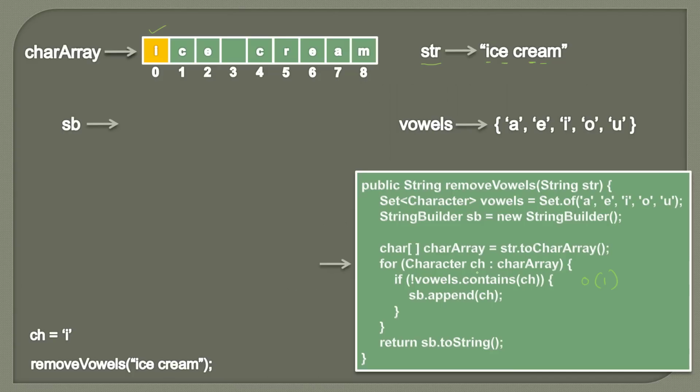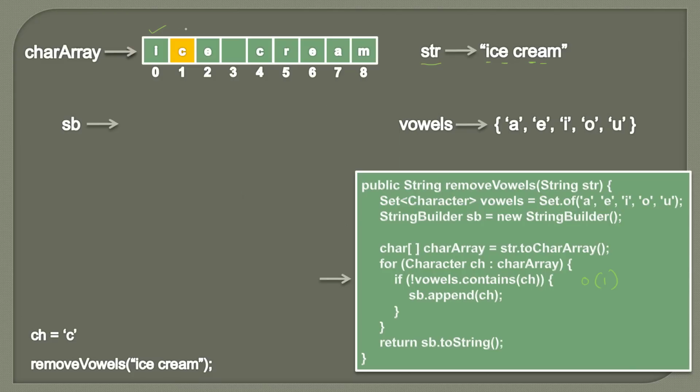Now we'll go to the second character, which is at index 1. So ch will become C. We check whether C is present in the vowels set or not. vowels.contains will return false because C is not present, and if we negate that, it becomes true.